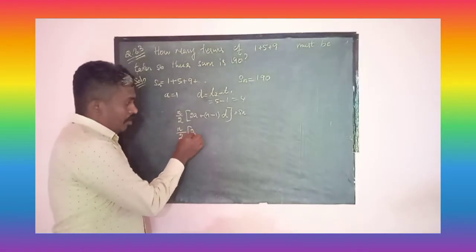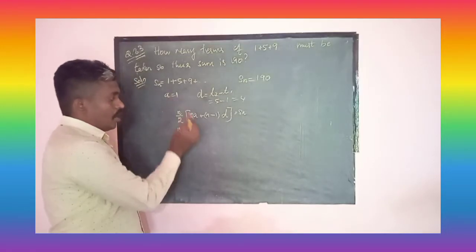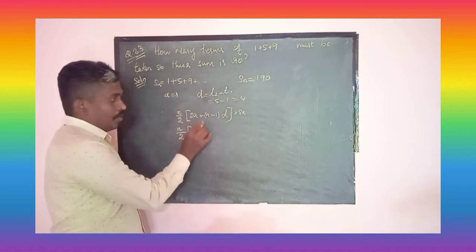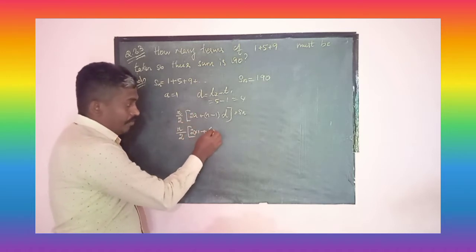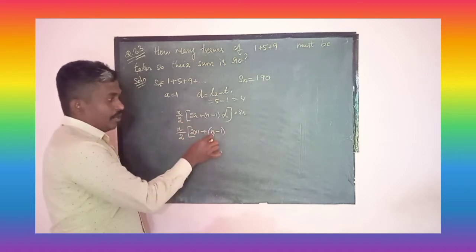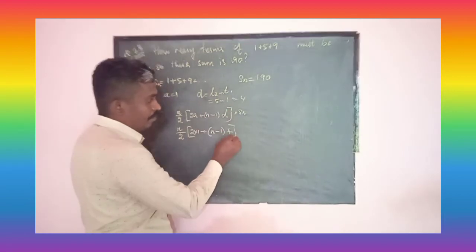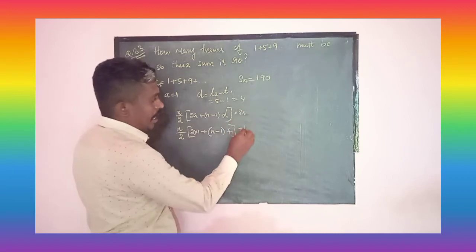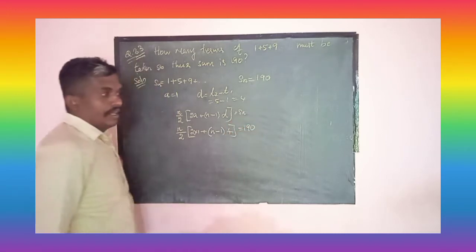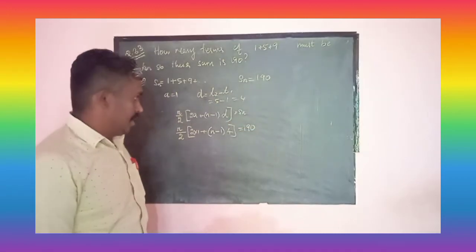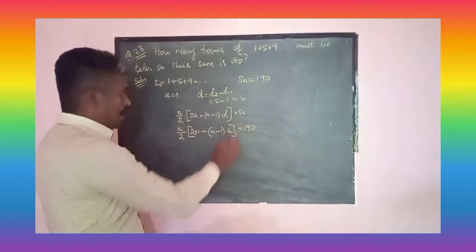Next, 2a, where a is equal to 1, plus (n - 1), where d is equal to 4, is equal to 190, the given value of Sn.